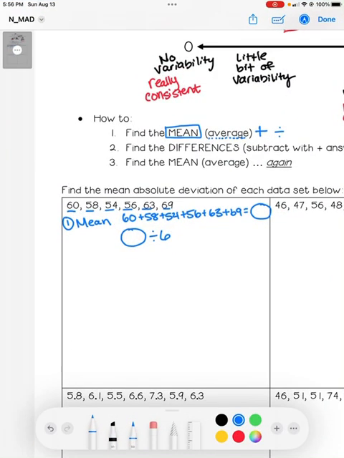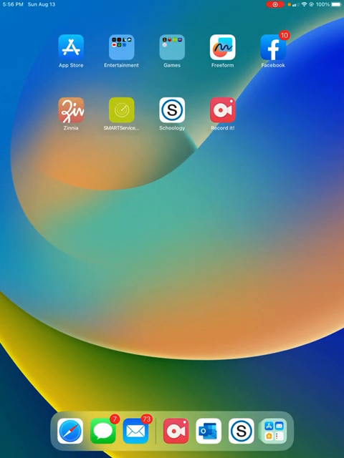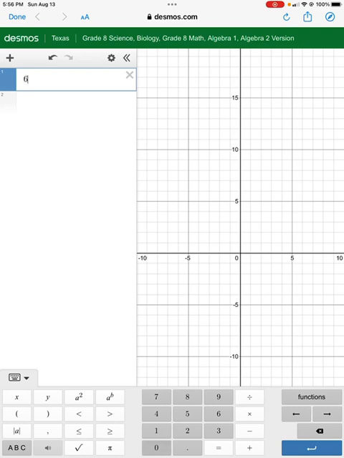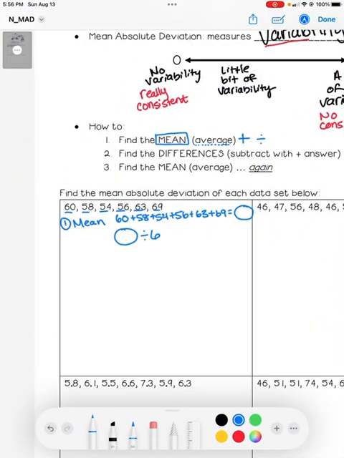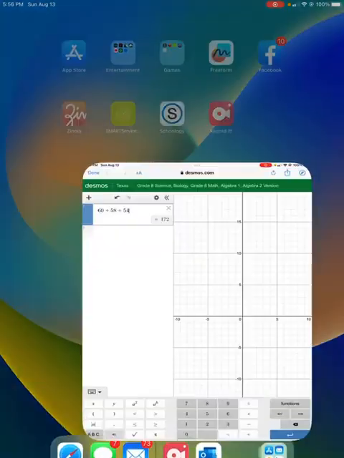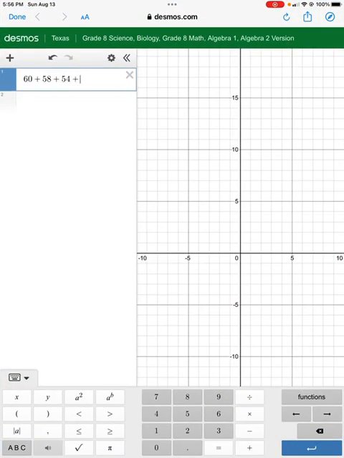Those numbers are 60 plus 58 plus 54, and there's even more, plus 56 plus 63 plus 69. And that sum is 360.